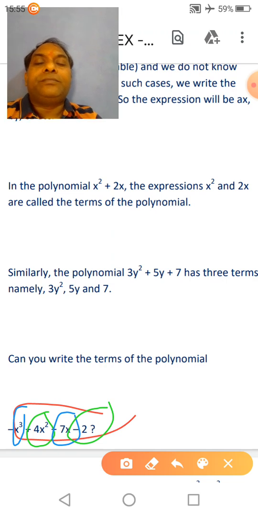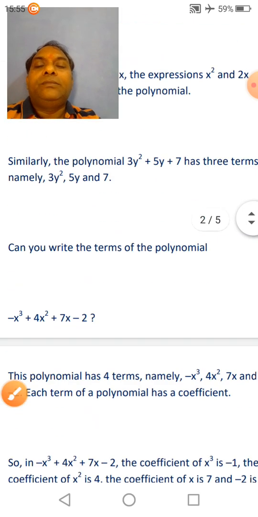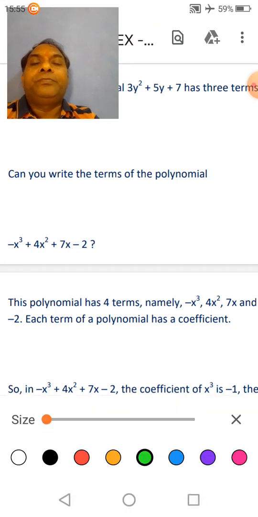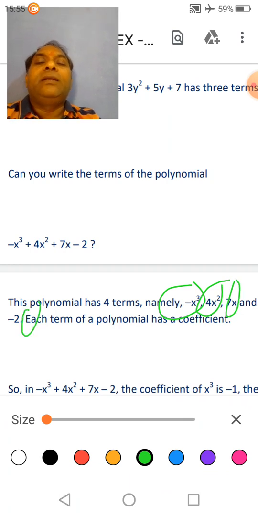Clear? So this polynomial has four terms, namely minus x cube, 4x square, 7x, and minus 2. Clear?